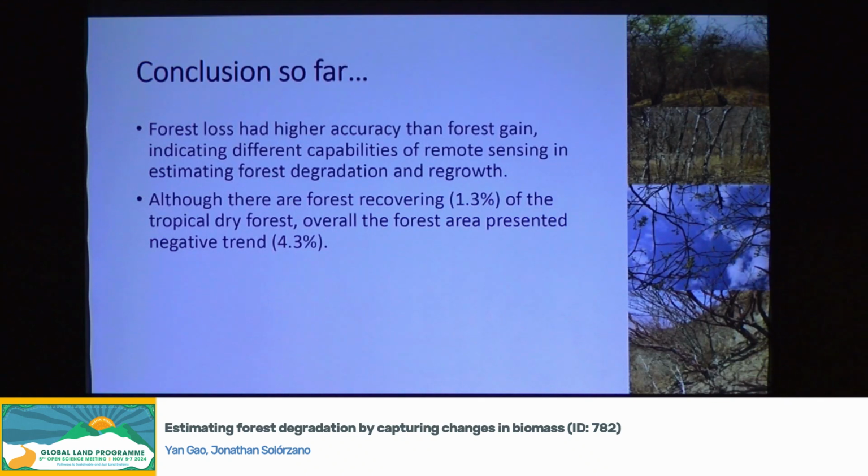Also, although there is forest recovery, about 1.3% of the tropical dry forest in those areas, overall the forest area presented a negative trend, about 4.3% of the area. So that is all. Thank you very much.